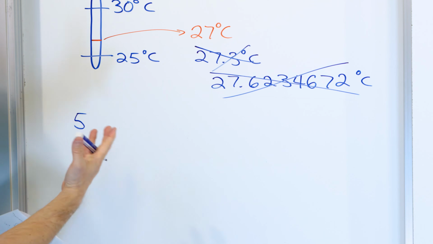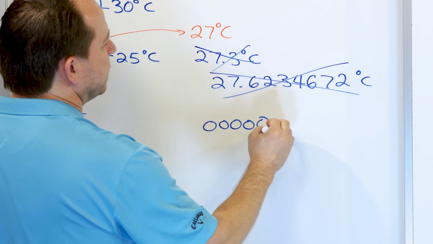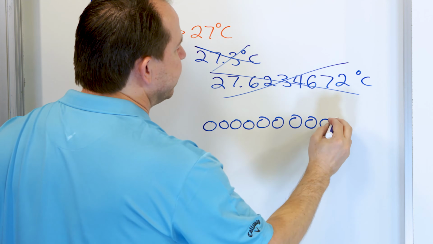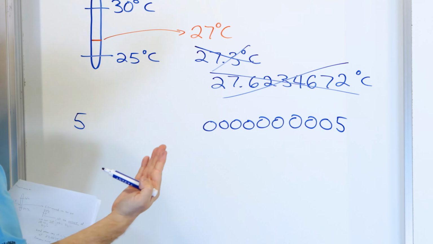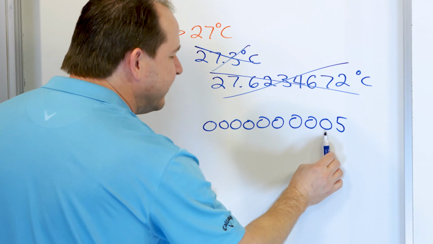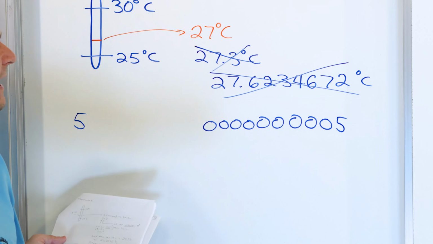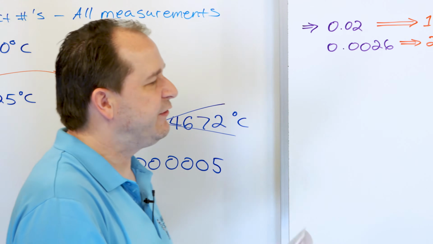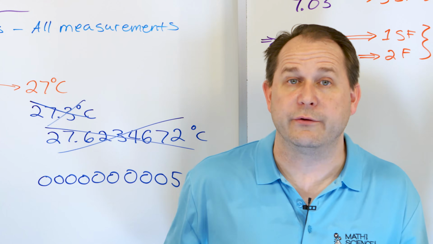But you know from the number system that I can actually write this as 0, 0, 0, 0, 0, 0, 0, 0, 0, 5. I can put as many leading zeros as I want, and none of them matter. Only the 5, because all of these are like, this is like the tens place and the hundreds place and the thousands place and so on, but they're all 0. They don't have any value. They don't do anything. They're basically just showing you where the decimal goes for the number.